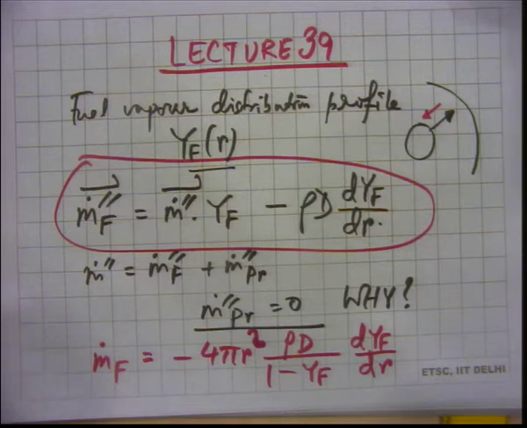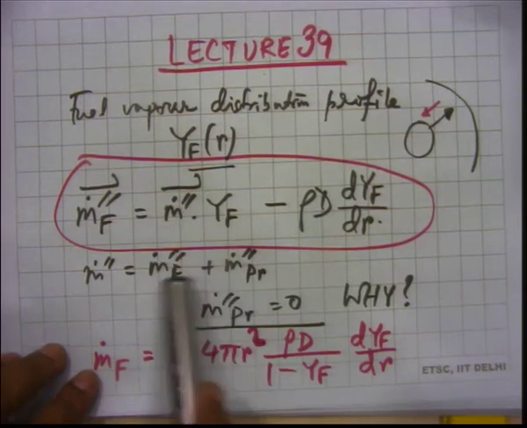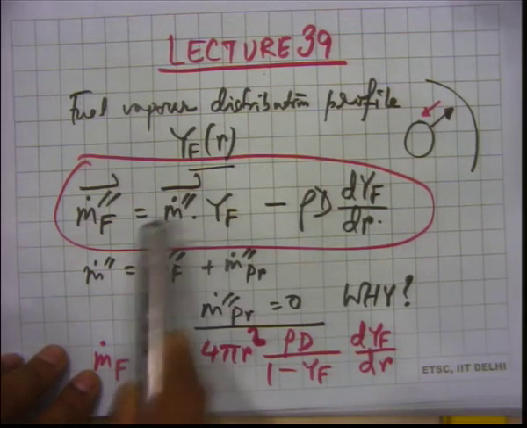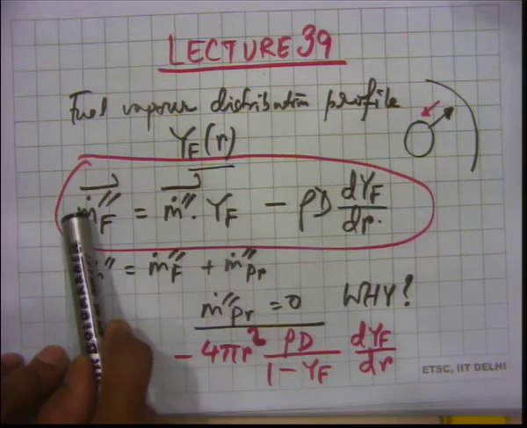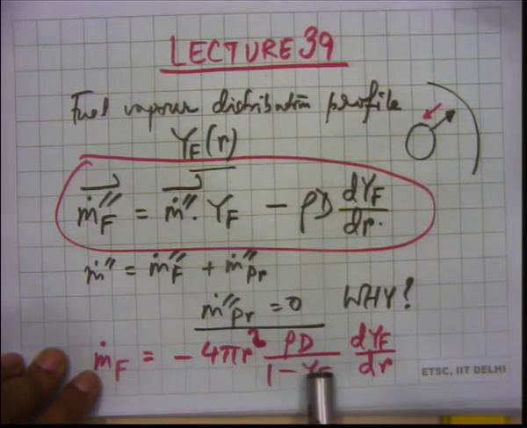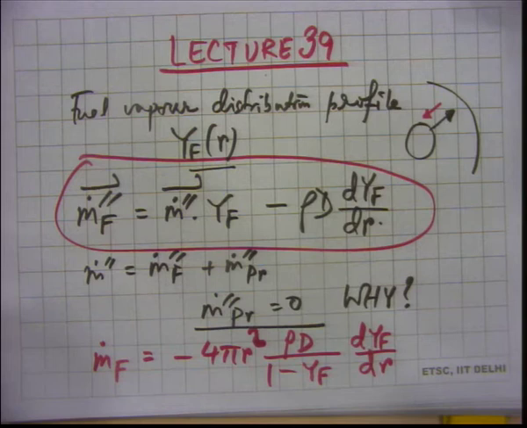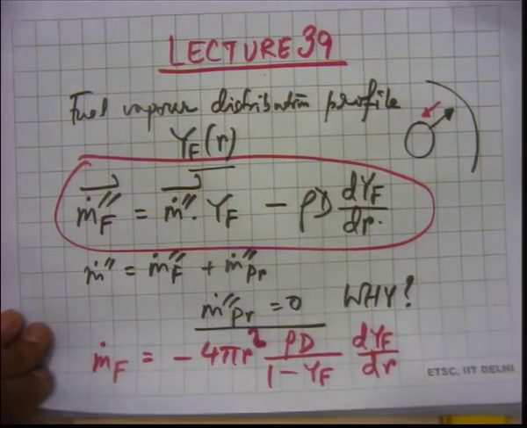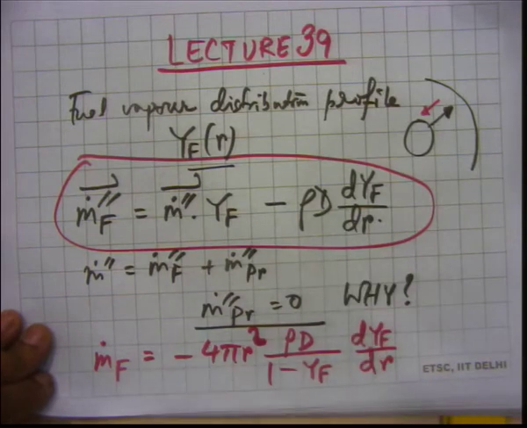Yeah, so this m dot double prime is actually m dot f double prime, and if you take this term on this side, you will get 1 minus YF. So that explains this 1 minus YF, and this 4 pi r squared is because we are converting from flux to flow rate. Okay, so this is the equation that we are getting for m dot f. So this is the equation, and we want to get YF distribution as a function of r.